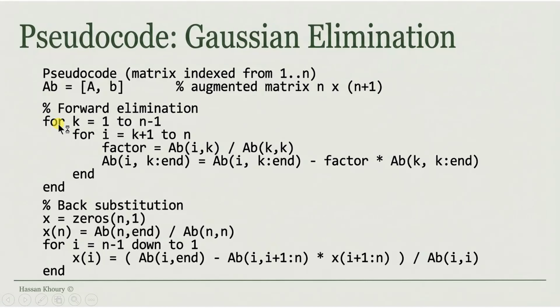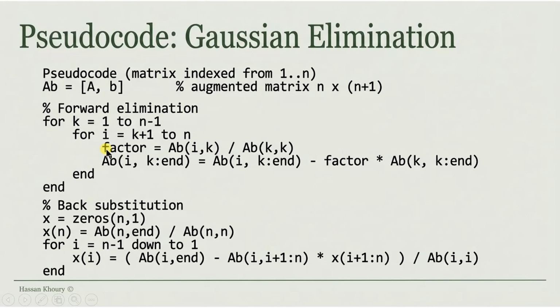Okay, and then comes the forward elimination. For k = 1 to n-1, this is our outer loop. Here k represents the pivot row and pivot element Ab(k,k). Okay, and then comes the inner loop, and this runs for i = k+1 to n. Here we are eliminating values below the pivot in the same column, and each row i is updated using k.